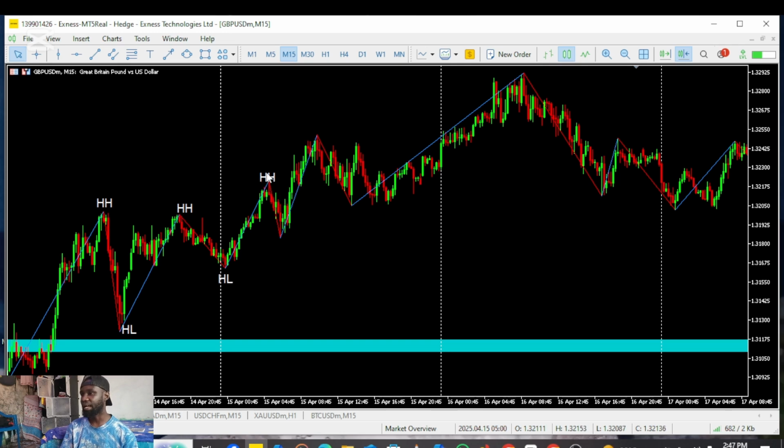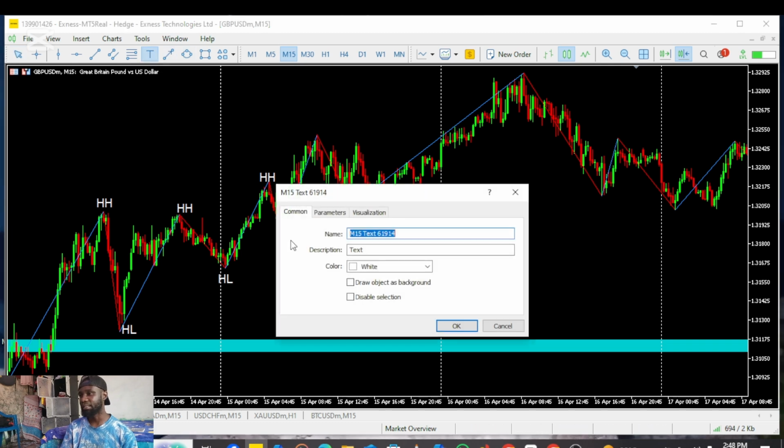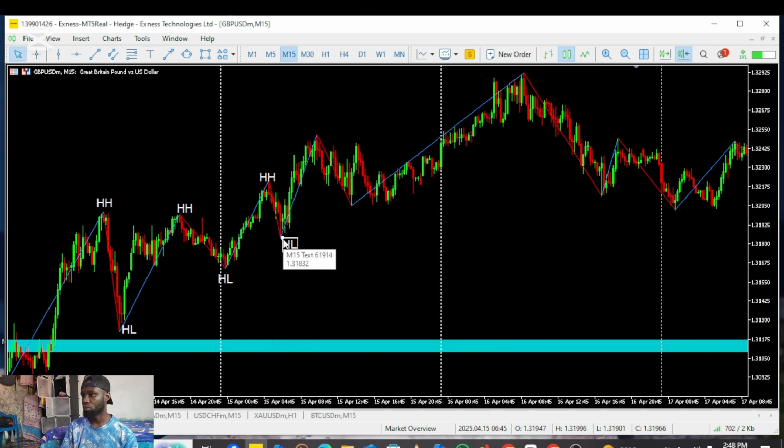So for this higher high, it broke this one and broke this one, so the trend is uptrend, and it came back, pulled back and created lower high, higher low, higher low, higher low, and created higher low, which is new support.